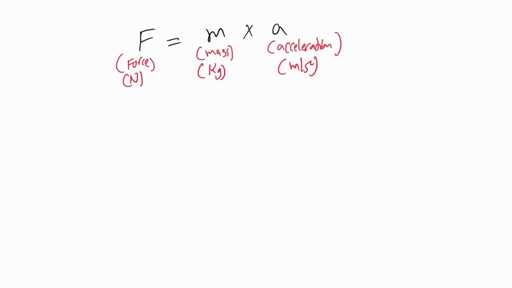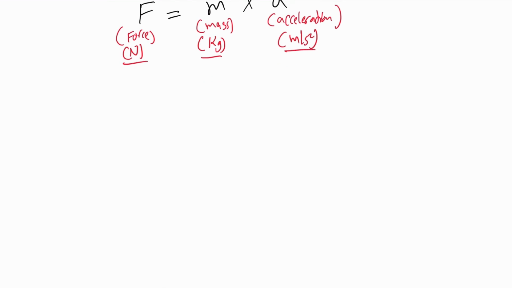Keep in mind you have to keep the units consistent in order to get the right results when you're doing the calculation. So F equals ma wraps up the concept of Newton's second law, where you have a direct relationship between the force, the mass, and the acceleration.